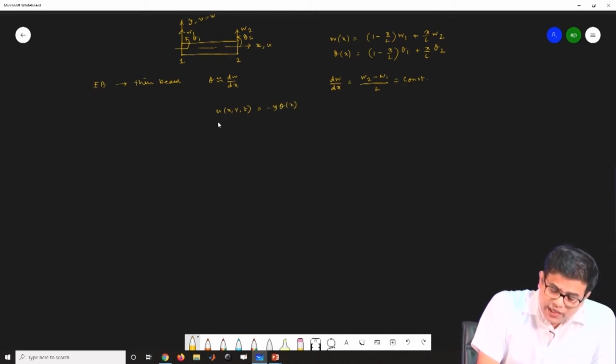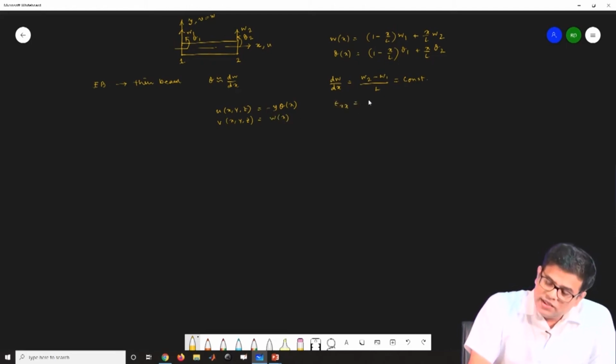And v of x y z is your w of x. Then naturally the strain epsilon xx is del u del x, which will be minus y d theta dx.